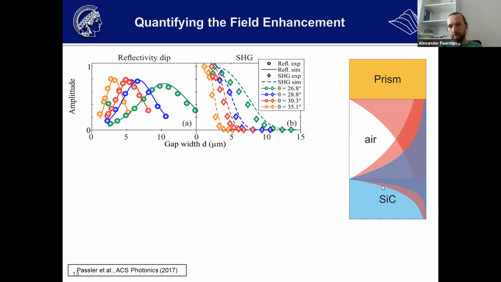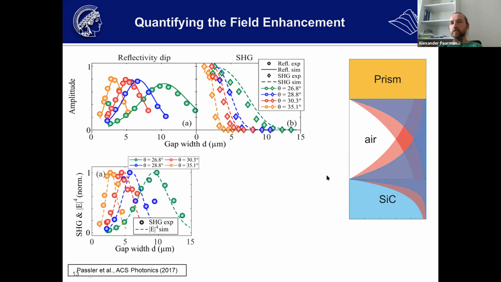And that means that in a situation where you're at critical coupling, your second harmonic wave that you want to couple out into the prism so you can detect it in the far field is actually pretty bad. And that's the main reason we're losing the overlap of these second harmonic waves, and that's why our second harmonic intensity is dropping rapidly.